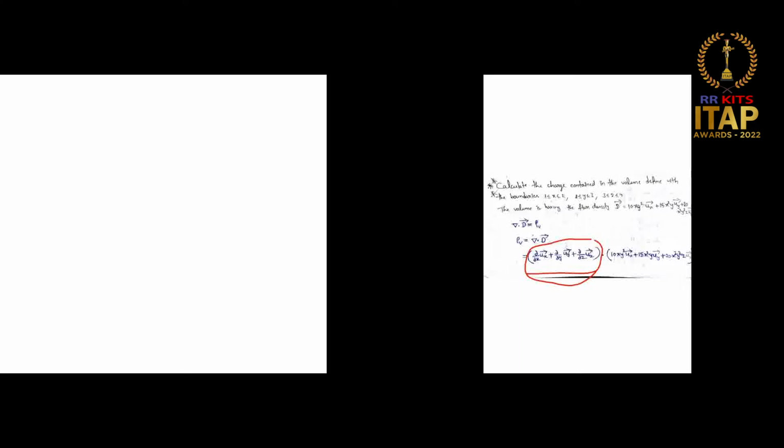So we have to substitute the D bar expression also. D bar is equal to 10xy square ux bar plus 15x square y uy bar plus 20x square y square z uz bar. Now for this del operator and D bar, you have to go for the dot product between these two. When you perform the dot product, what happens?